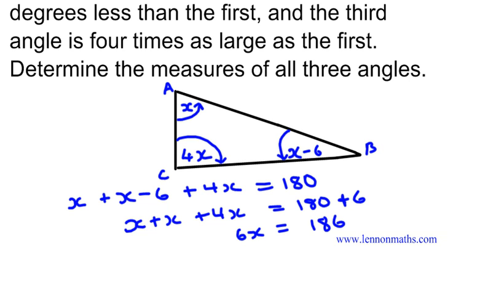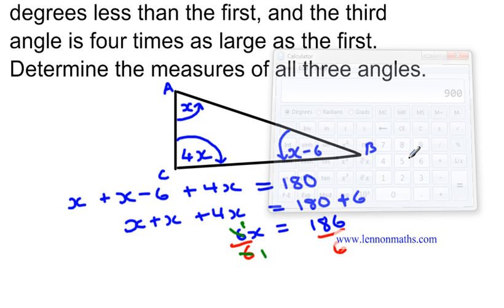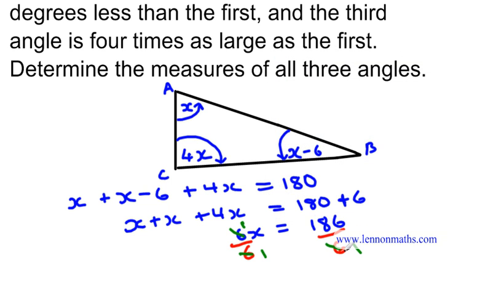Now I need to find 6 times what will give me 186. So since I'm multiplying X by 6, I'll divide to find the value of X. Now this will actually give me 1X. I should basically not use a calculator, so let me just go back to this. 6 into 6 goes 1.